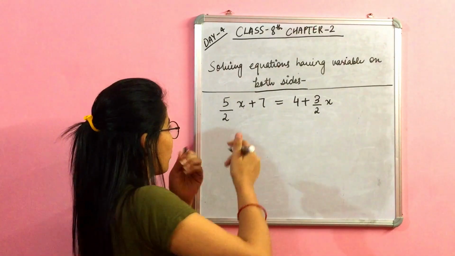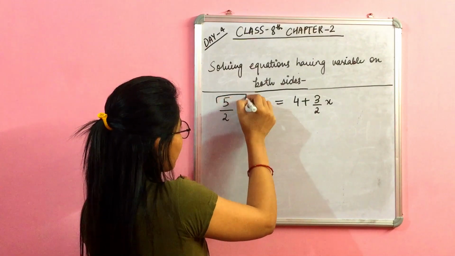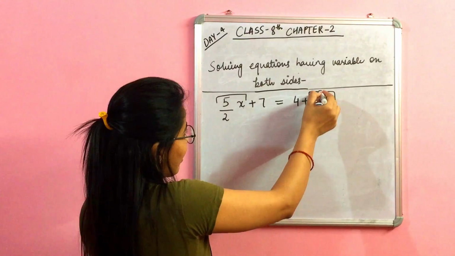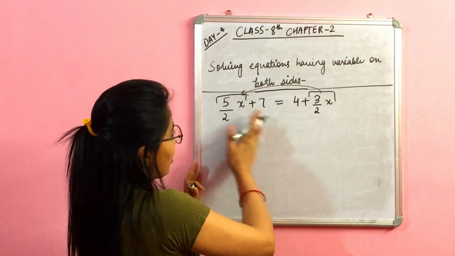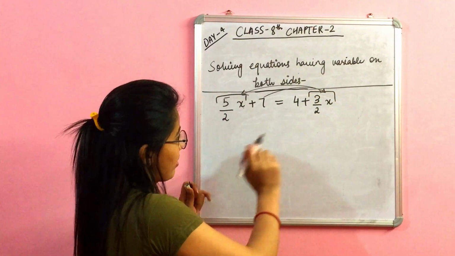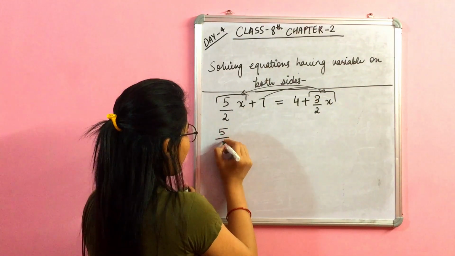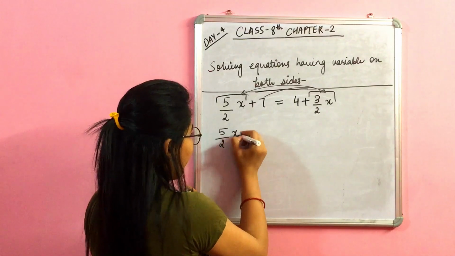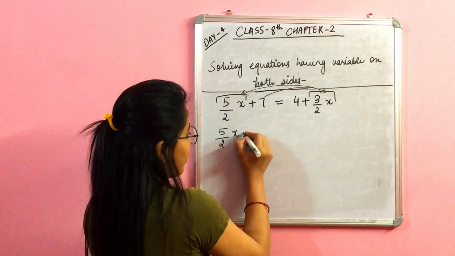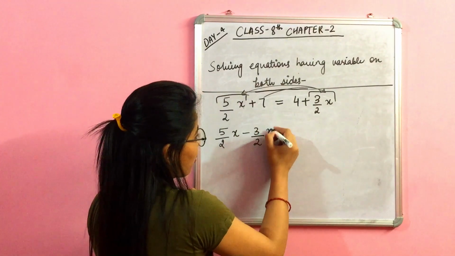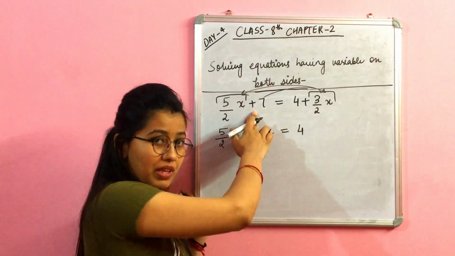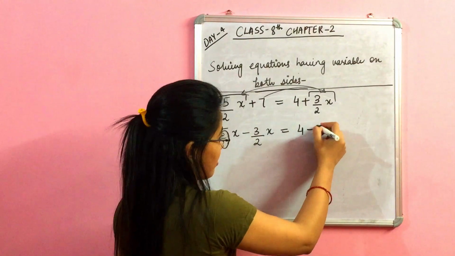Similarly, this is the term with x and this is the term with x. So I will transpose the variable term to the left hand side and the constant term to the right hand side. I can rewrite this equation as 5 upon 2x, and this plus 3 upon 2x will become minus 3 upon 2x, equal to 4 as it is, and this plus 7 will become minus 7.